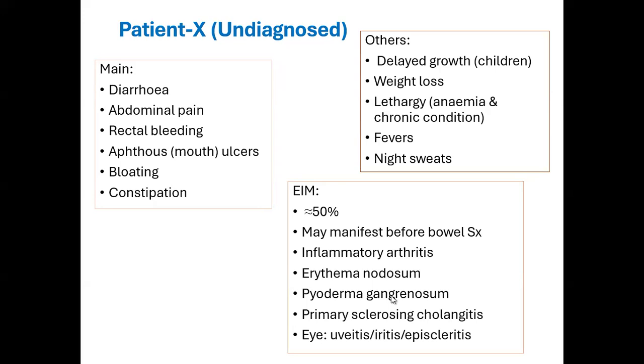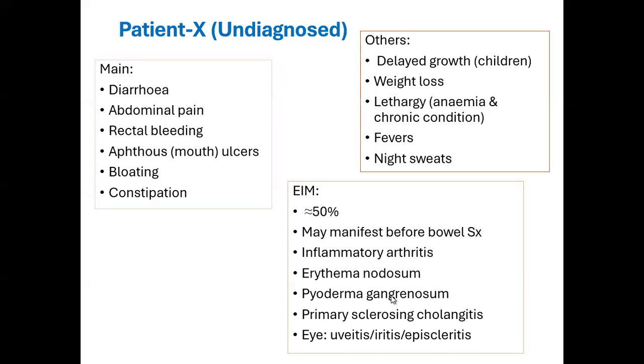Patients can have weight loss, again because of the diarrhea, and often because the diarrhea is linked to certain types of food for them, they get a reduced appetite. They can get lethargic, again because they're not absorbing the appropriate iron components that are required, but also because anyone, as you know, with a chronic condition, fatigue is a major concern. And they can also get fevers and night sweats.